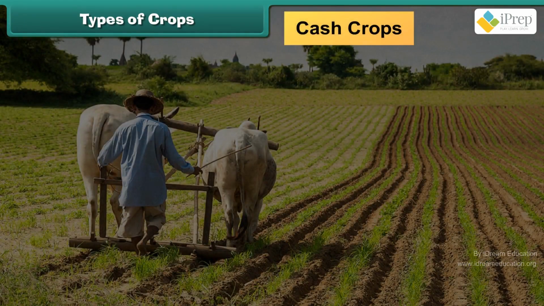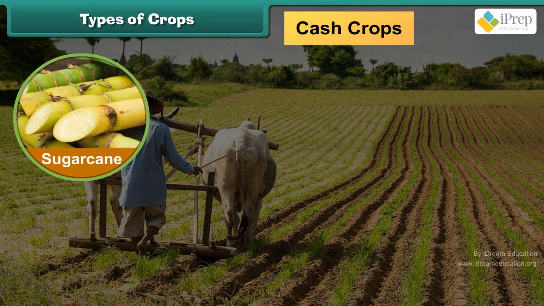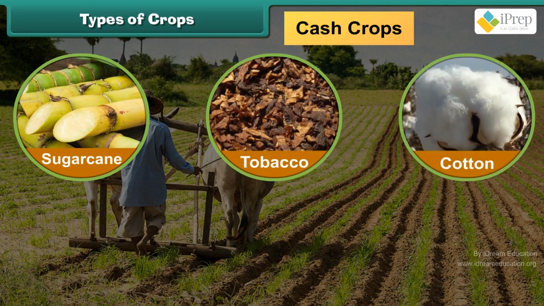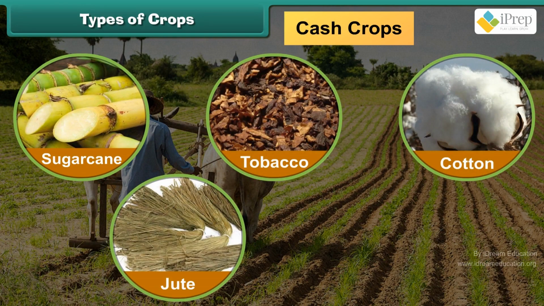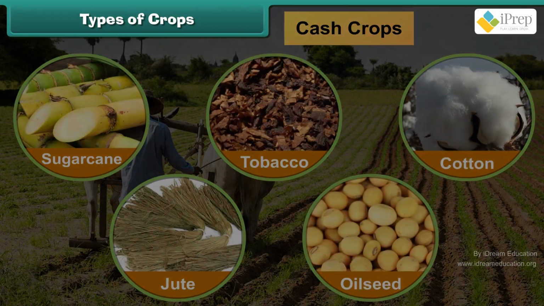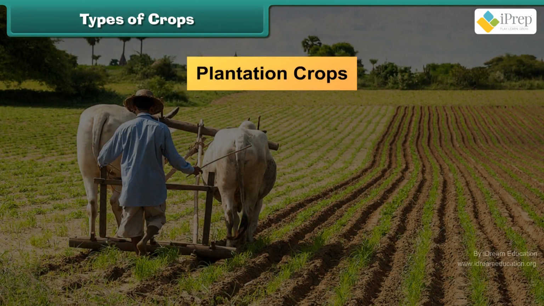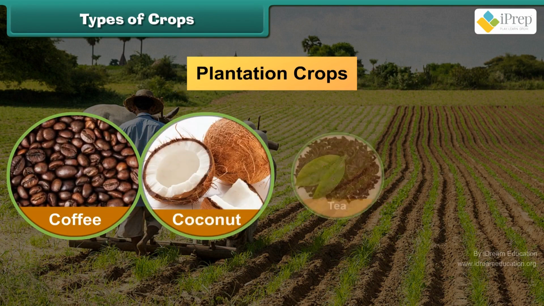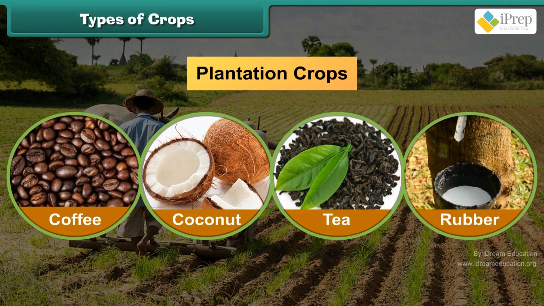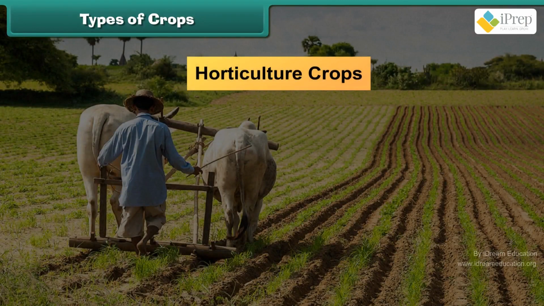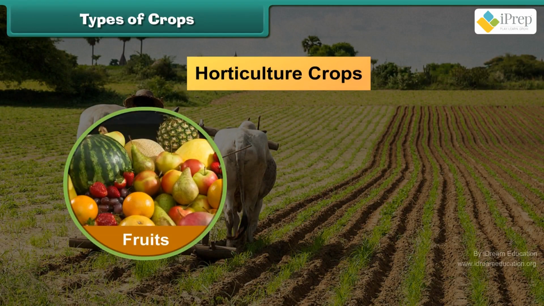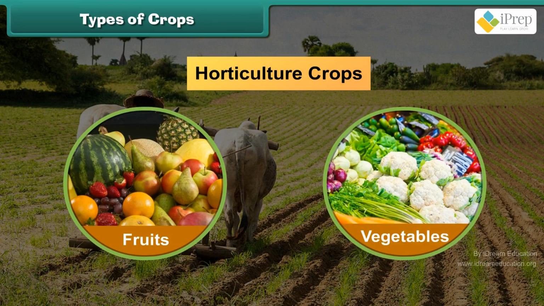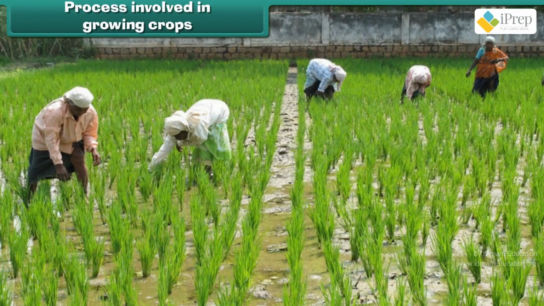Cash crops like sugarcane, tobacco, cotton, jute, and oilseed. Plantation crops: coffee, coconut, tea, and rubber. Horticulture: fruits and vegetables.